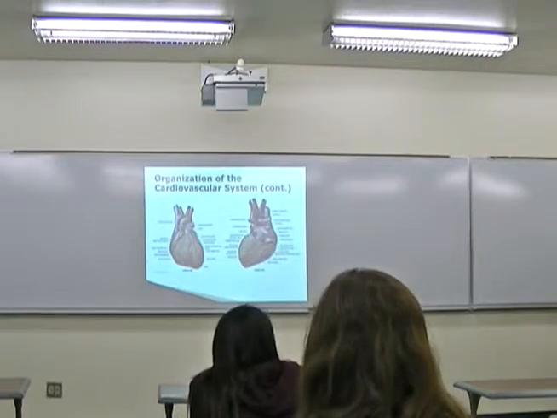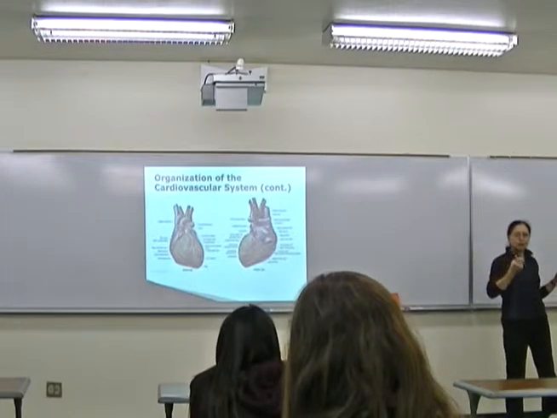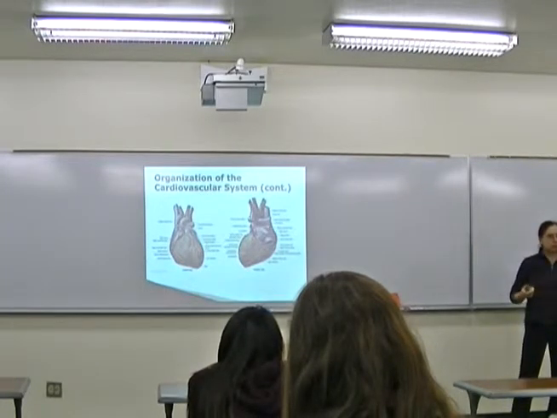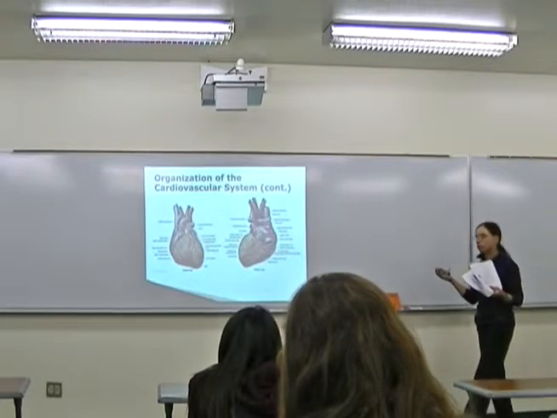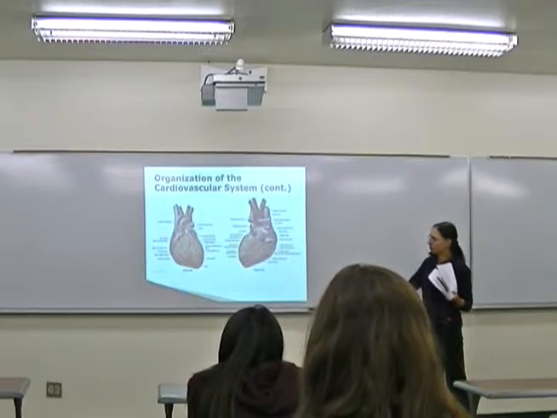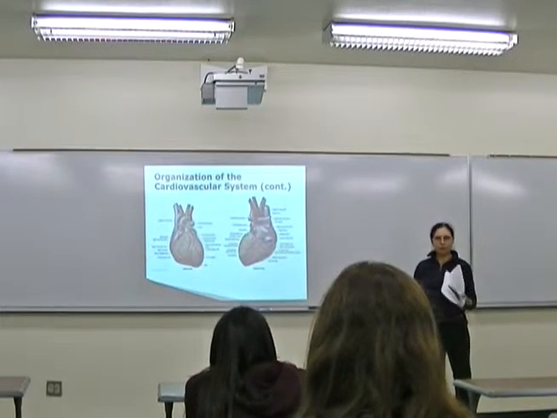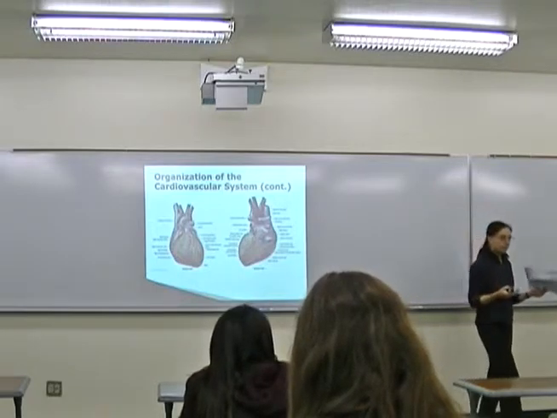How well your heart is going to work depends on how good the oxygen and nutrition supply is. So when we're looking at cardiovascular diseases, one of the problems that we see is that these veins and arteries can't do their job properly because they're clogged, right? They're blocked in some way.